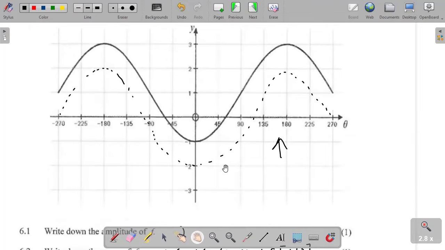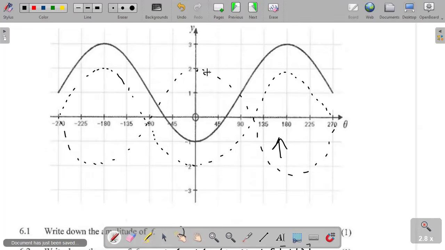It's not going to be 2, is it? Because if it was 2, then the graph should be going like this. You see, the graph should be going like that and passing at 2. But it doesn't. It is upside down, so it means that P is negative.